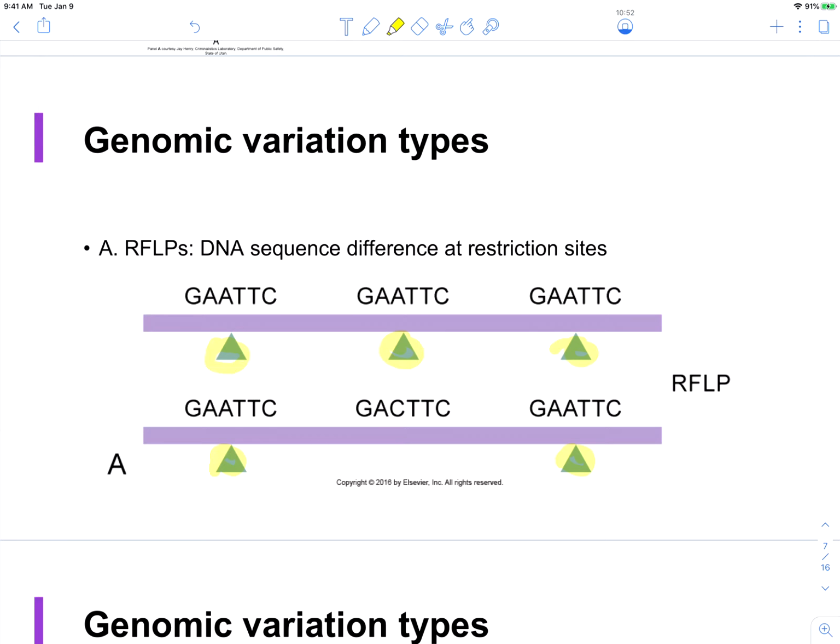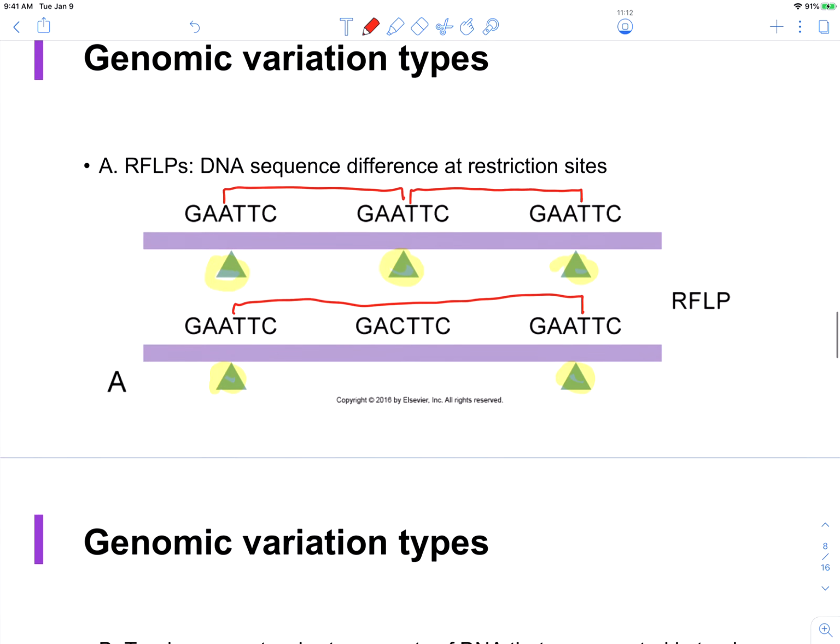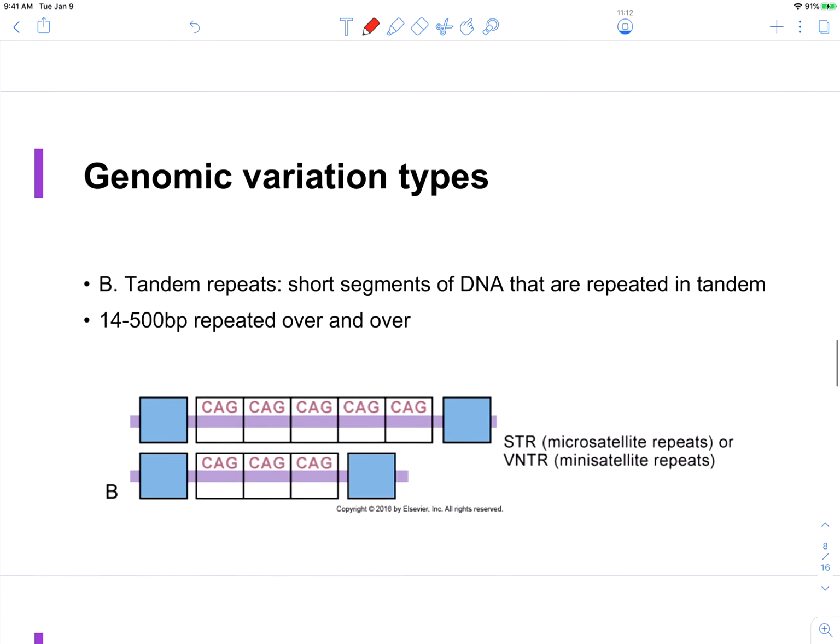And so you're going to have different lengths that will be run on the gel. So here you would have a cut here, and then you would have another length here, whereas on this bottom one, you would have a much longer fragment because they don't have a sequence in between, and so your EcoR1 can only cut where it can identify its consensus sequence.